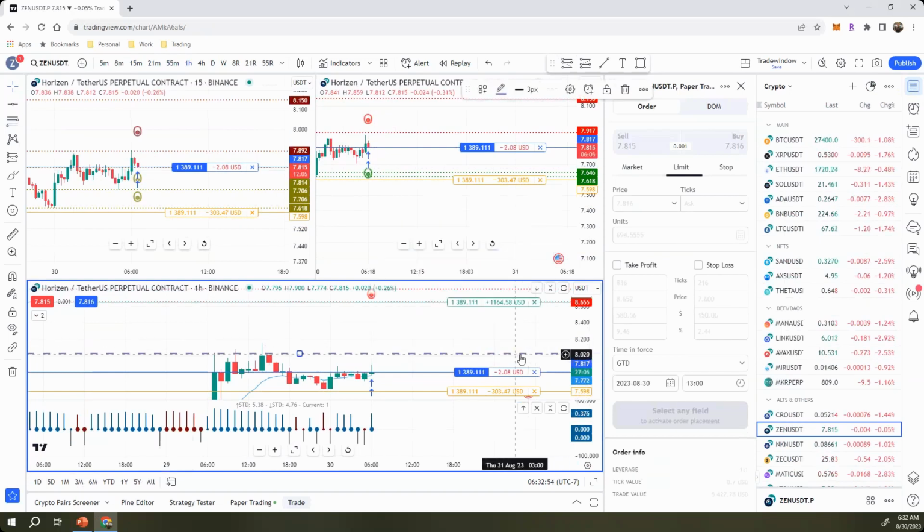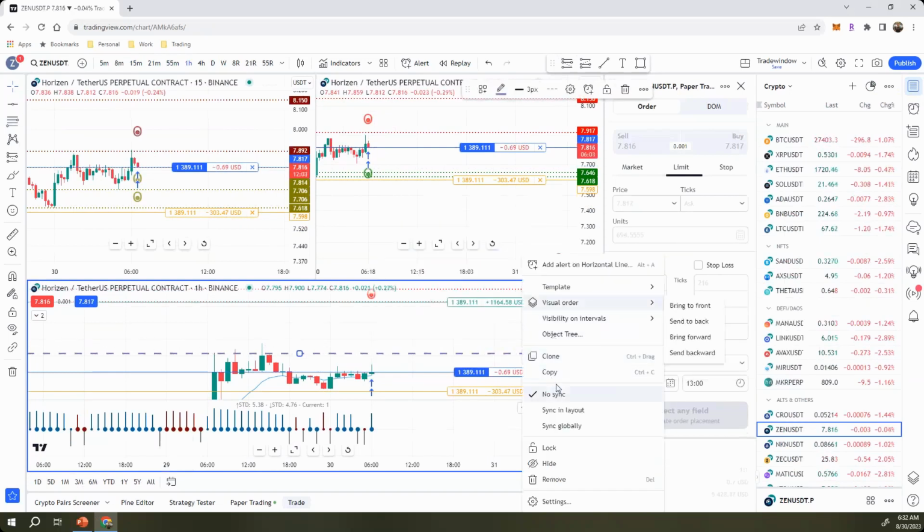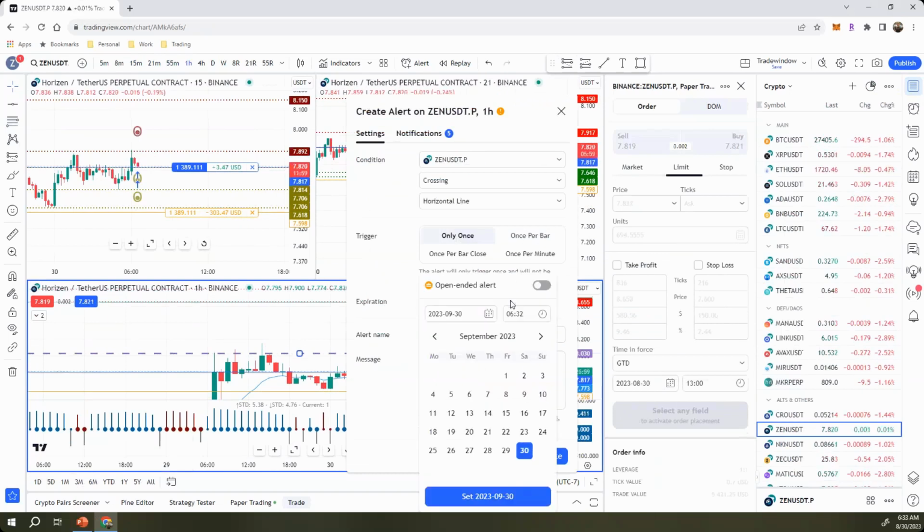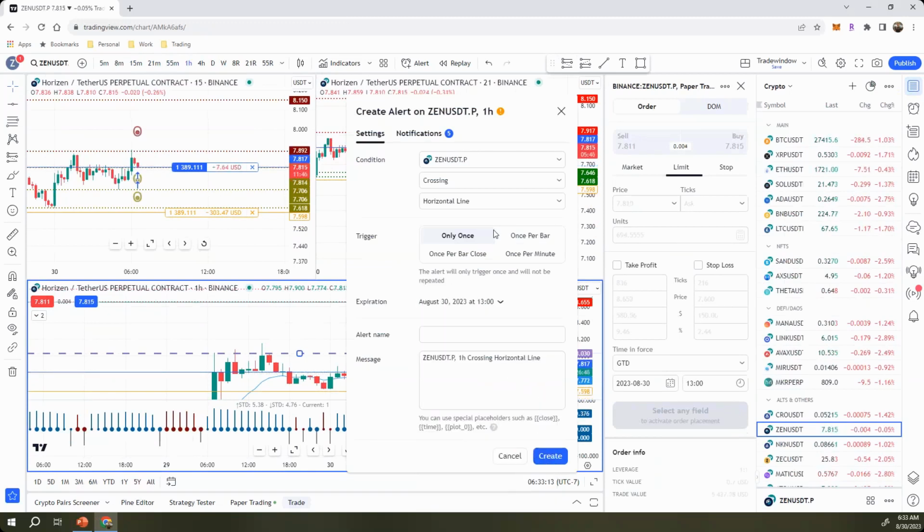All right, and then I add an alert that's going to expire August 30th at 1300. Okay, set. And this is Zen USDT T1.